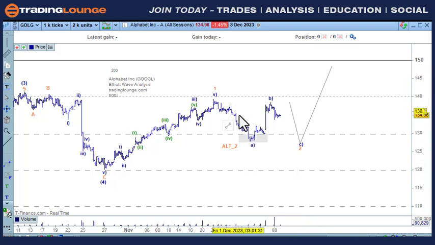See, this pulled back to its 61.8%. I can get an ABC pattern out of this as well. I can do that. So it's possible for this to continue to the upside here.